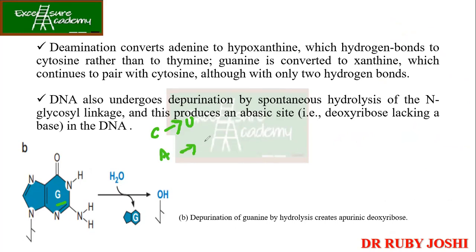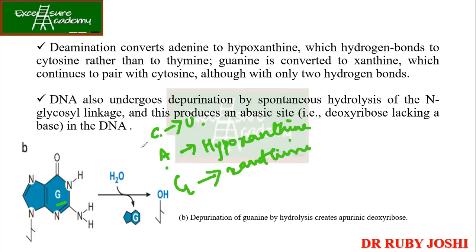Guys, this is very important, make a small table of it so that you don't get confused. So cytosine to uracil, adenine to hypoxanthine, and then guanine to xanthine. All three are cases of deamination, meaning an amino group has been removed, okay?